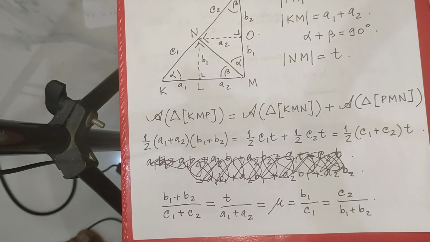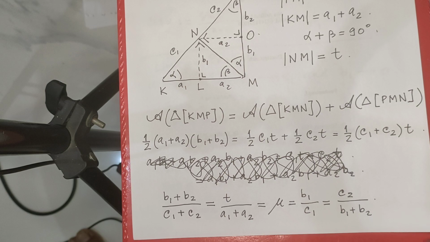For example, T divided by A1 plus A2 equal to B1 divided by C1 comes from the area of triangle KNM equal to the area of KNL plus the area of triangle NLM.